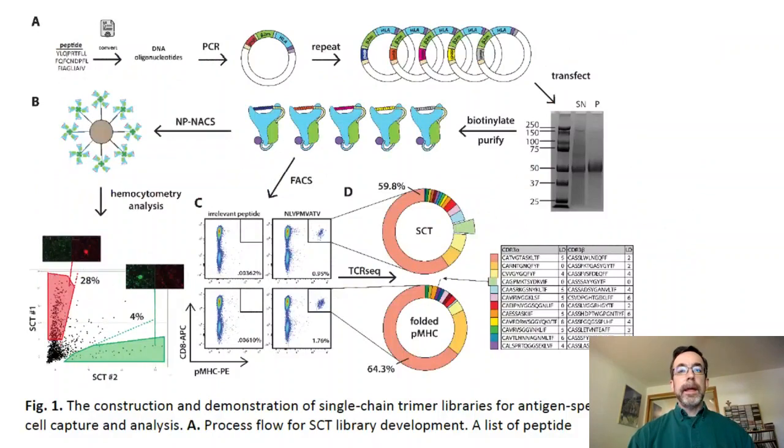So this is the cool biochemical system. It's called single chain trimer libraries. The single chain trimers are the blue and green things in the middle. This is kind of busy, but the non-circular things up on top, way up there, are single chain trimers.